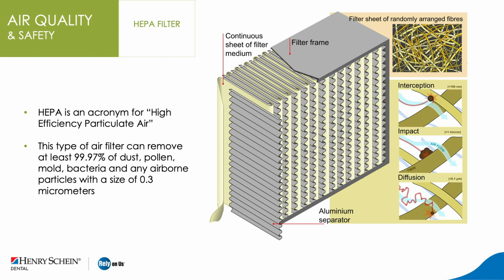Now, if we're going to use a HEPA filter, when I said this is more expensive than just a standard commercial system, the cost is doubled. So now instead of $4,500 a ton, it's going to cost us $9,000 a ton to have a HEPA filter system installed in our office.